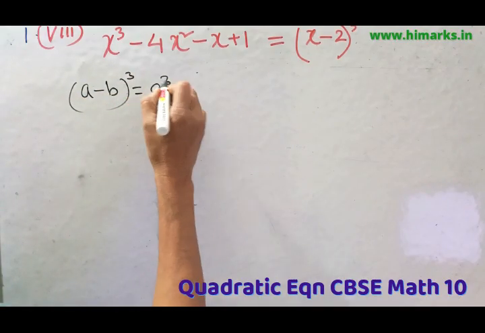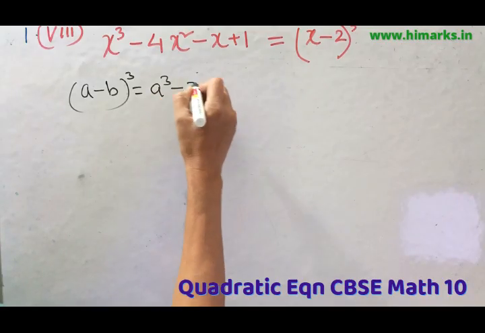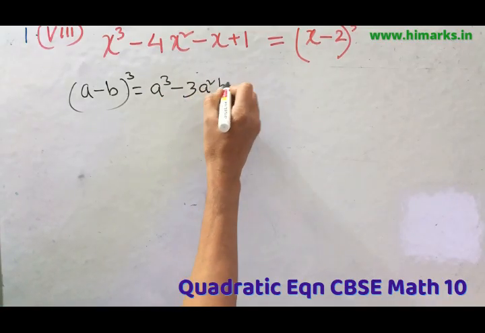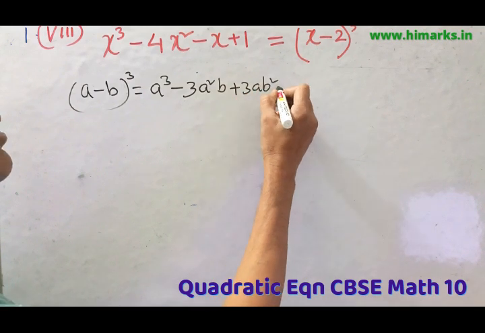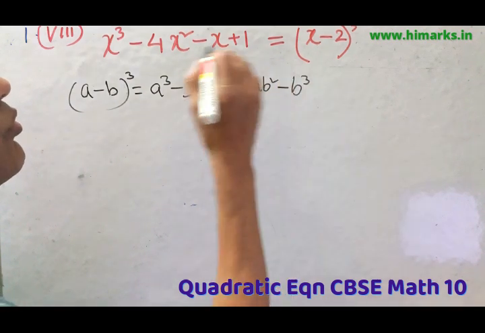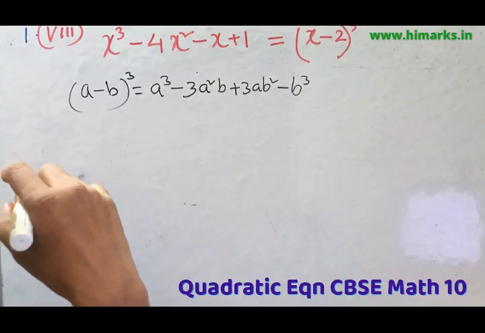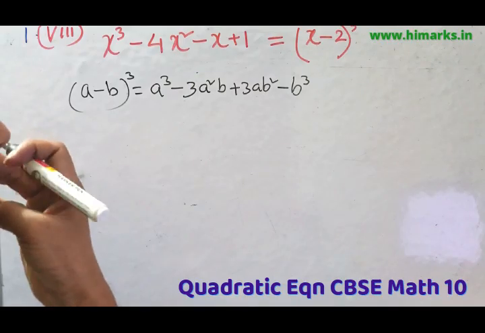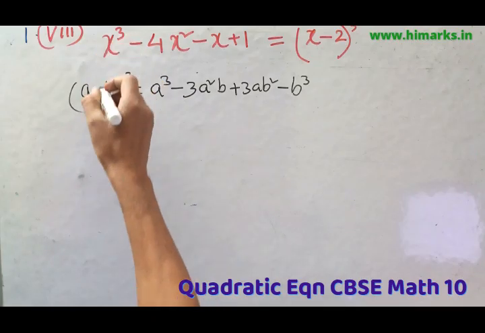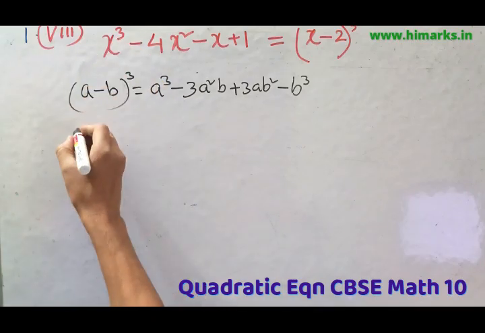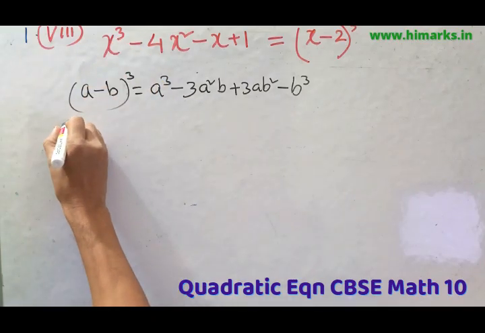A cube minus 3 a square b plus 3 ab square minus b cube. Okay, so now coming to this, left hand side I'll write as it is, I'll not do anything.